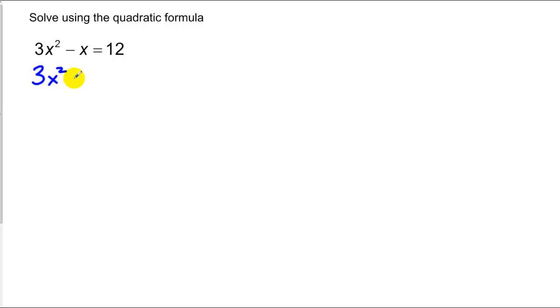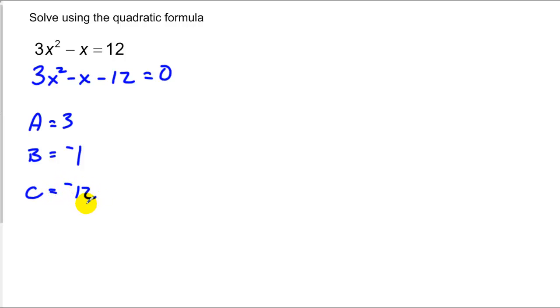Therefore, I have 3x squared minus x minus 12 is equal to 0. Then we identify the a, b, and c terms. A is equal to 3, b is equal to negative 1, c is equal to negative 12. And then we plug that into the opposite of b plus or minus the square root of b squared minus 4ac over 2a.